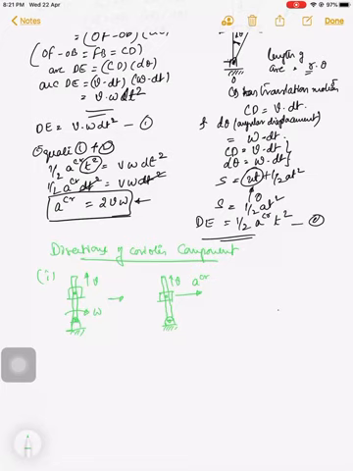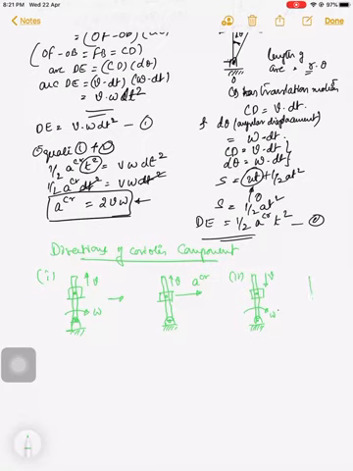So now similarly, if I consider the same link with the slider moving with respect to a fixed point here and having the angular velocity in the clockwise direction, or the link is rotating in the clockwise direction, but the slider is moving with a linear velocity v downwards.